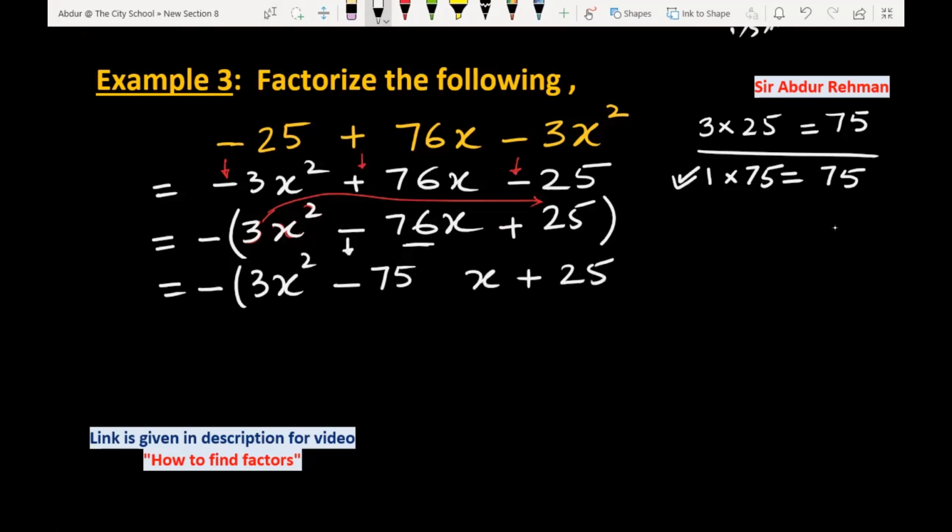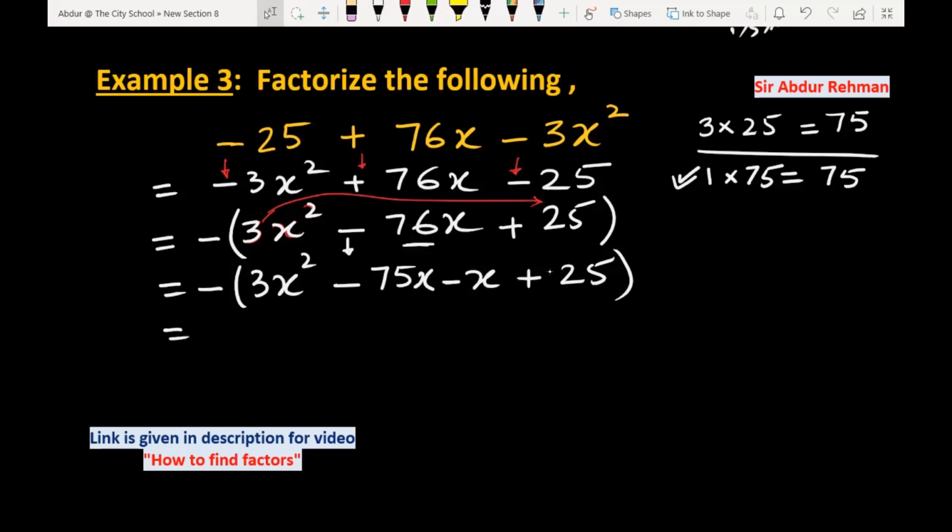The question is, what is the sign between 75x and 1x? By adding 75x and 1x, the middle term will be 76, so if this is a minus sign, it must be minus. So write down the minus sign here.